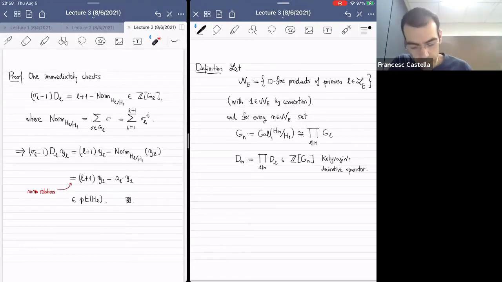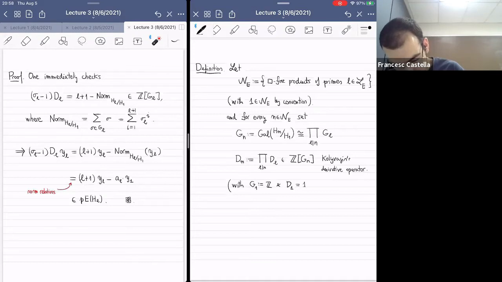Again, we need to specify what it is for n equal to 1. The convention in that case, for completeness, is that we declare G1 to be Z and we take B1 to be just 1, also by convention.